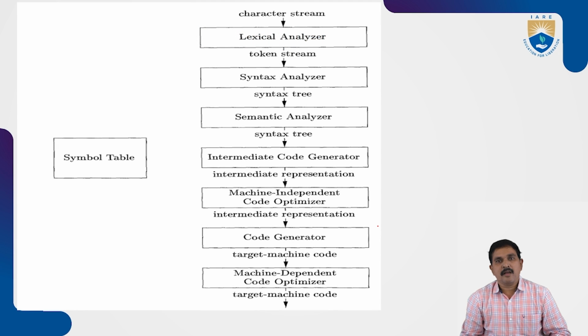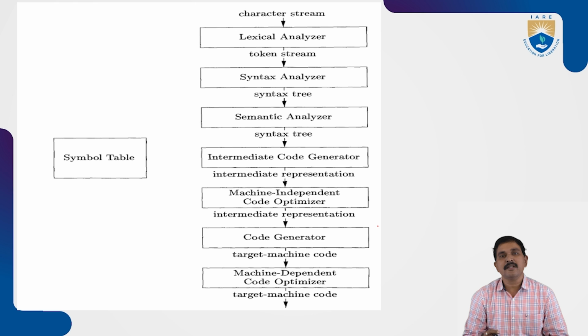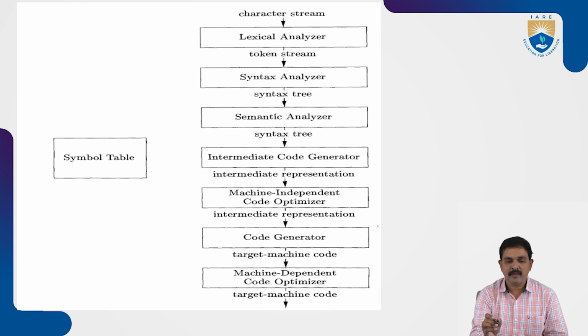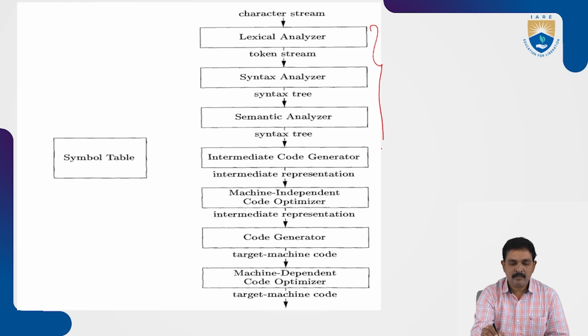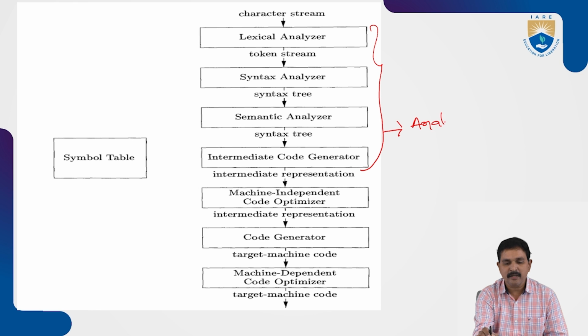Finally, I want to show the entire structure of the compiler. This structure can be divided into two parts. Up to the lexical analyzer through intermediate code generation is part one, which is called the analysis part, and another one is the synthesis part.